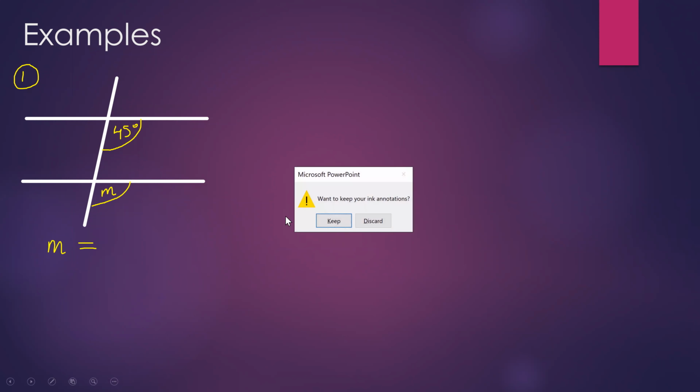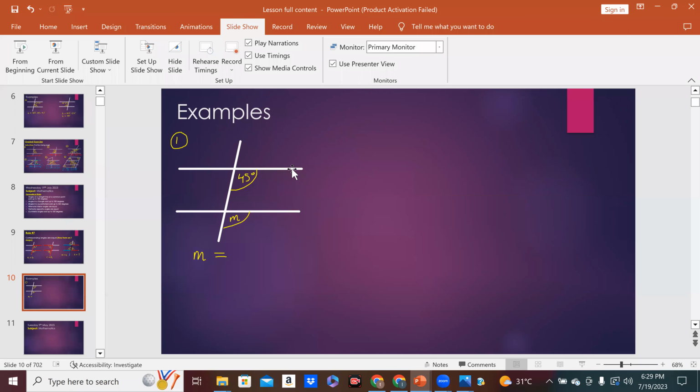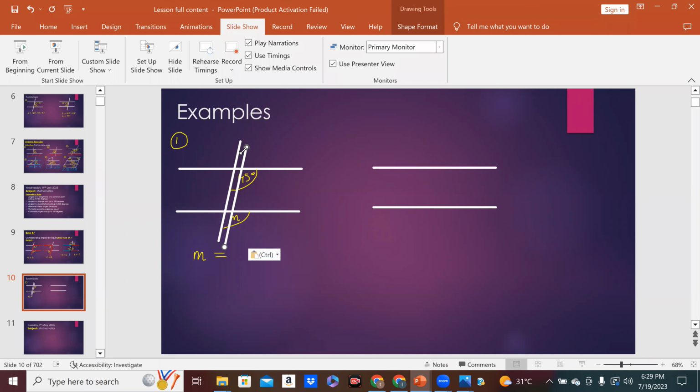And let's say that we have another one whereby we have this angle right here.